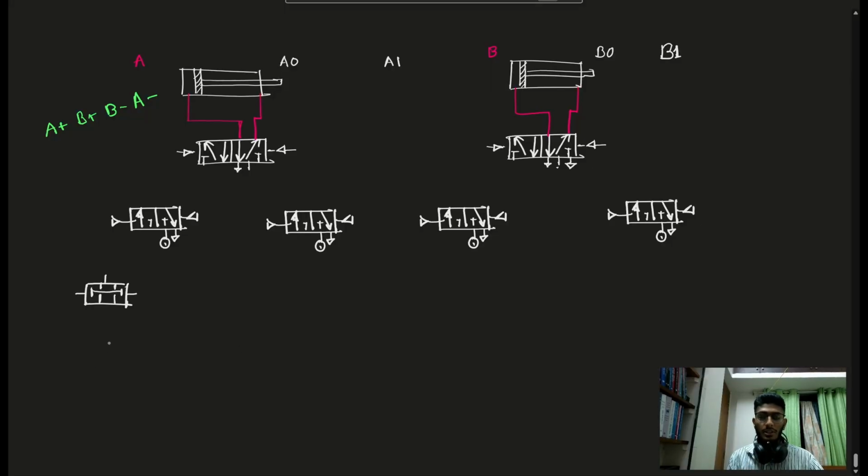And a 3x2 DCB which is lever operated or limit switch operated. So now I will copy these two for each 3x2 DCB.